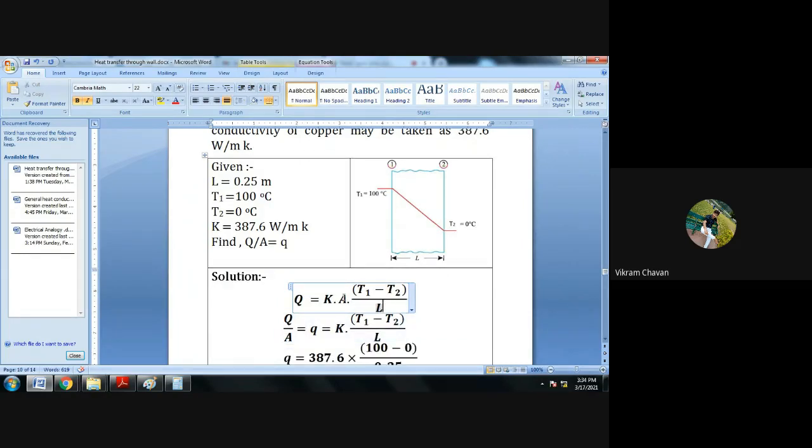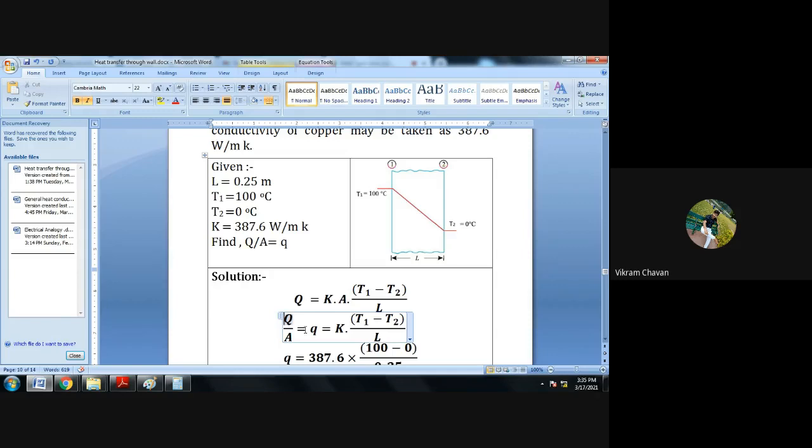Further, we have to determine Q by A, that is the heat flux, from this problem. For that reason, we transfer the A, that is area, from the right side to the left side. Then it becomes Q by A, which is equal to small q, called the heat flux.